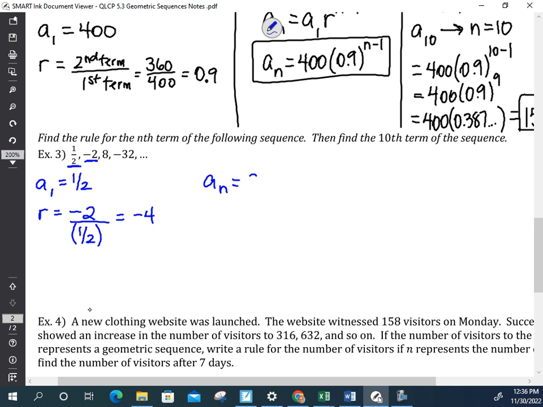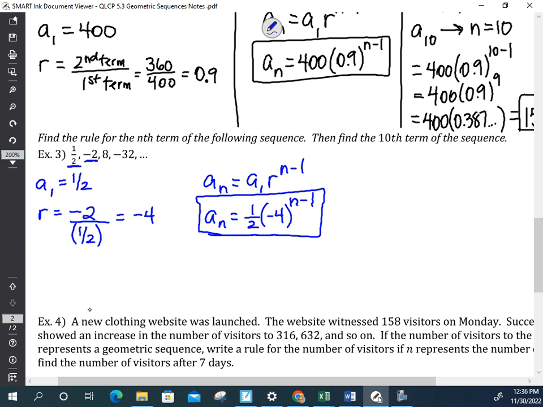So when you write your formula, you have 1/2 times -4 raised to the n minus 1 power. Remember, we don't multiply the 2 numbers together.